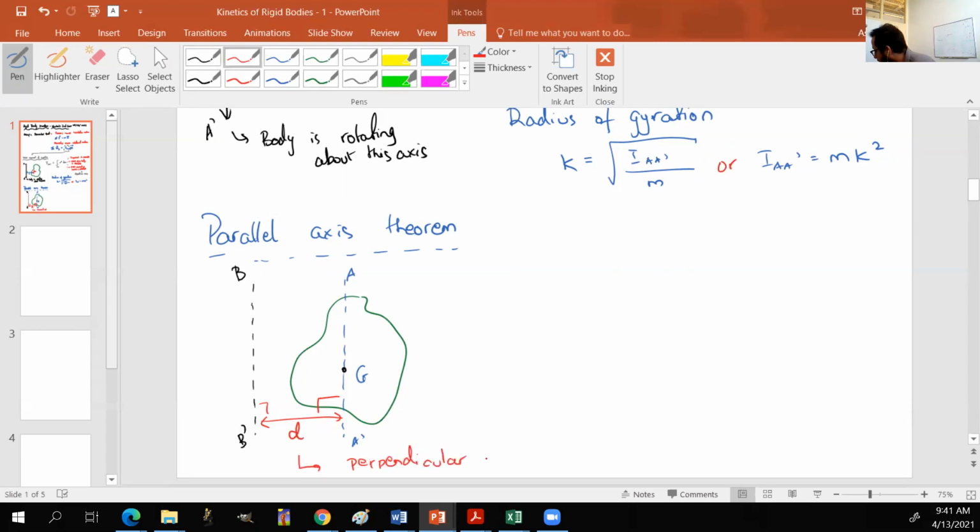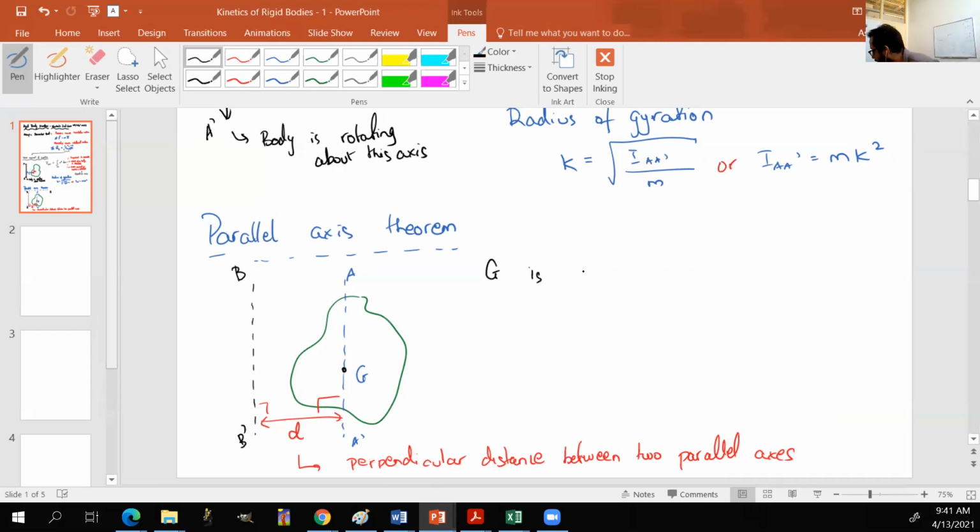So this is your perpendicular distance between two parallel axes. Just to write out what everything is, whenever we're talking about G going forward, guys, capital G, we always mean it's the mass center.